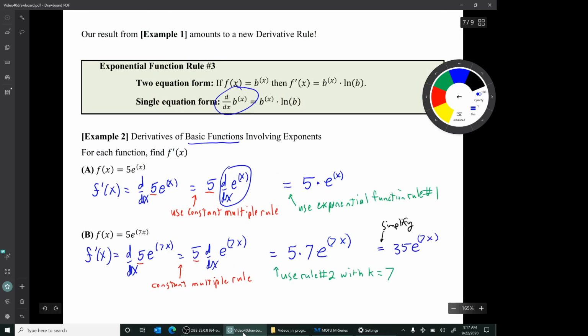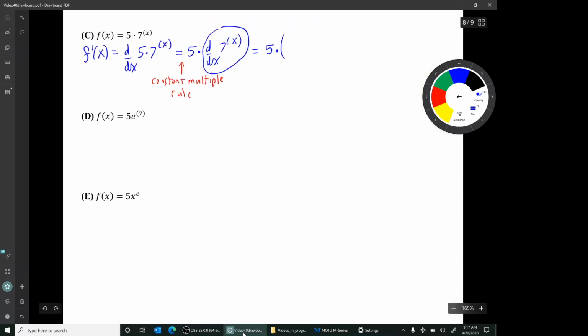We've got one of those things. Rule 3 says that we can replace that with this. That is the result of using the derivative rule.